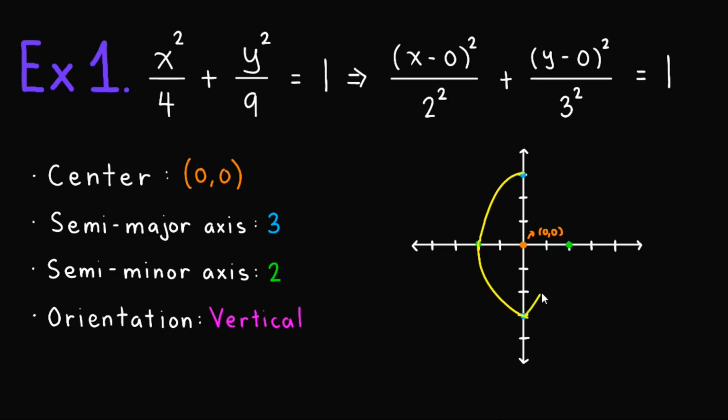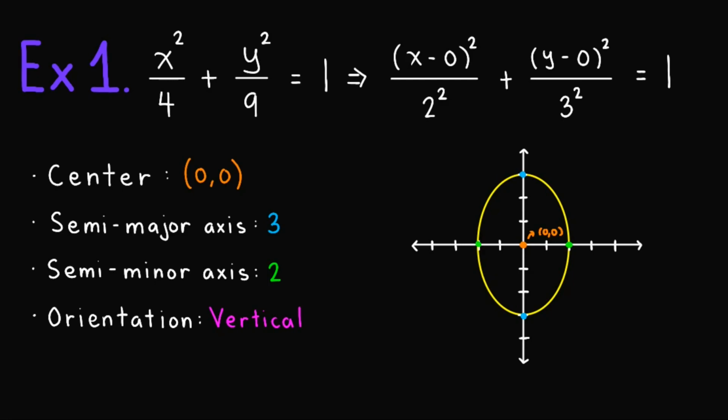And of course, don't do it like a line. So that doesn't look like an ellipse already. And then this one and this one. So this doesn't look quite like an ellipse, but if we do it properly, with nice curves, it would look something like this.